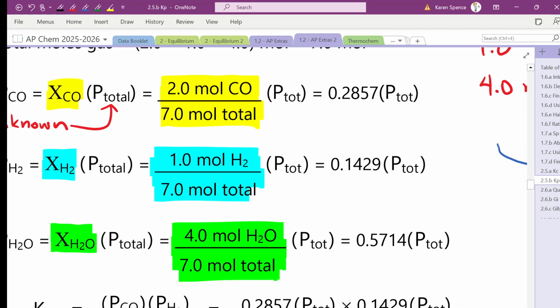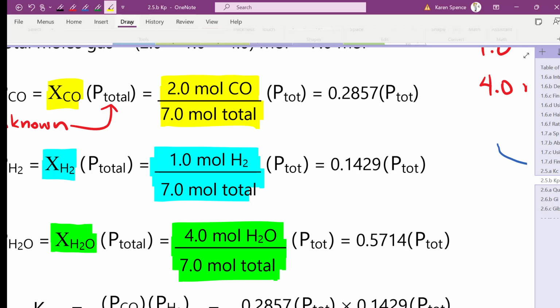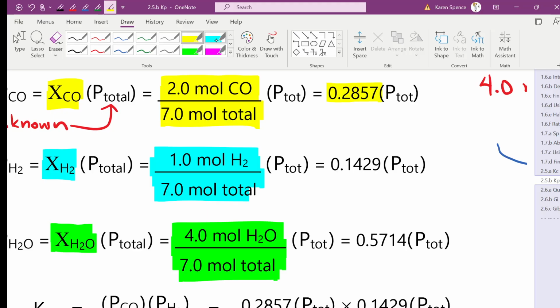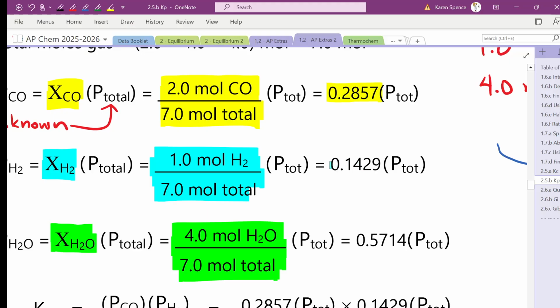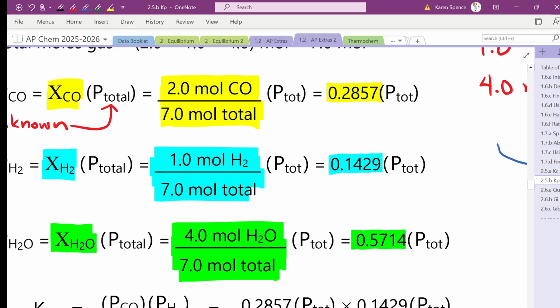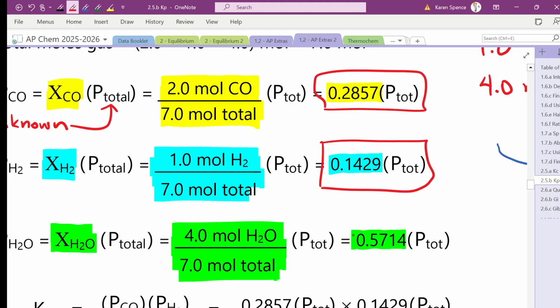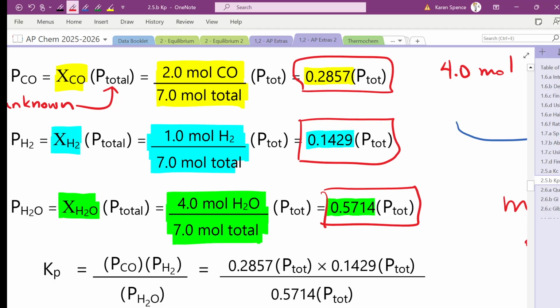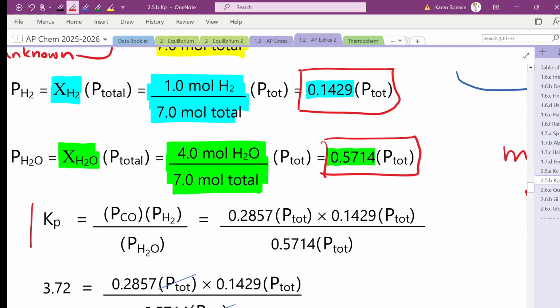You could leave them as fractions, but I've chosen to make them decimals: you've got your 0.287, your 0.149, and your 0.5714. And we can take those three values, and those are our partial pressures. And we're going to chuck them into this formula for Kp.